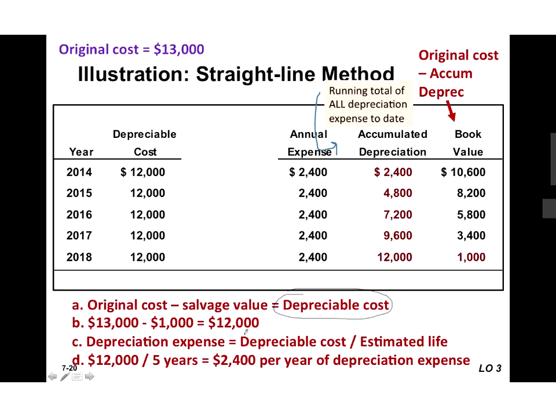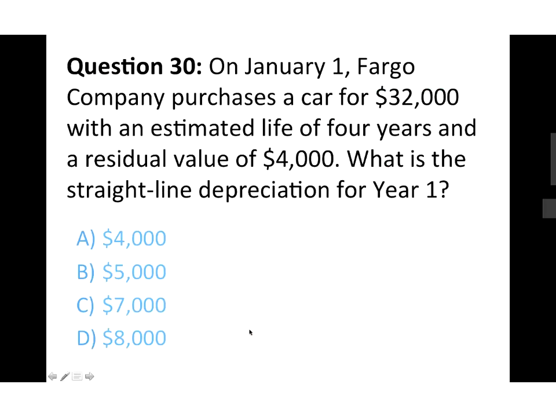Then you take that depreciable cost and divide by the estimated life. You're taking the $28,000 dividing by the number of years of life, and that's where we're going with this one. So again, you're taking that $32,000 less the $4,000 residual value, and you're going to divide it by the estimated life. That is going to give you the depreciation for year one, the straight line depreciation expense for year one.